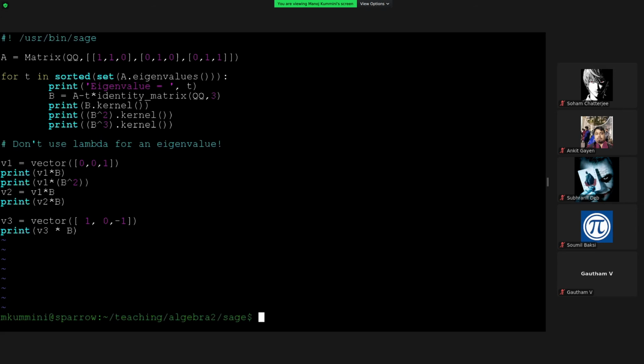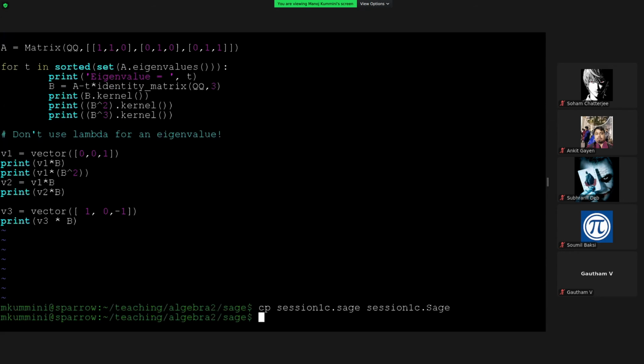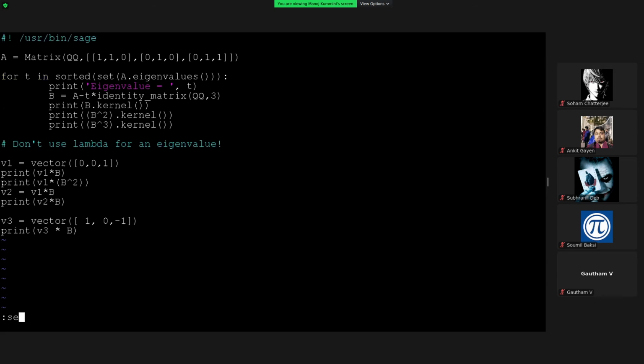Okay, let me just try. Yeah, well, the editor has some settings which try to understand the file's type, whether it's a Sage file or a Python file or C code or whatever, by looking at the extension.